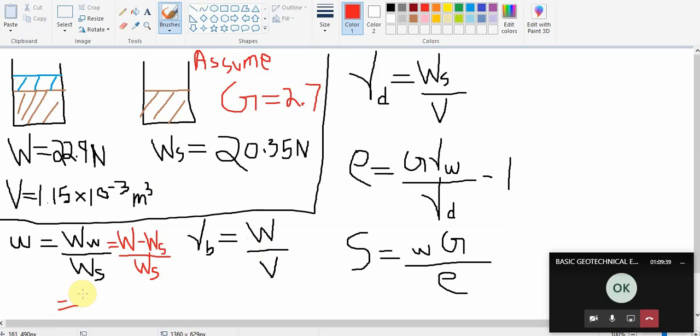Water content is 0.125. Bulk density is 19.91. Correct.